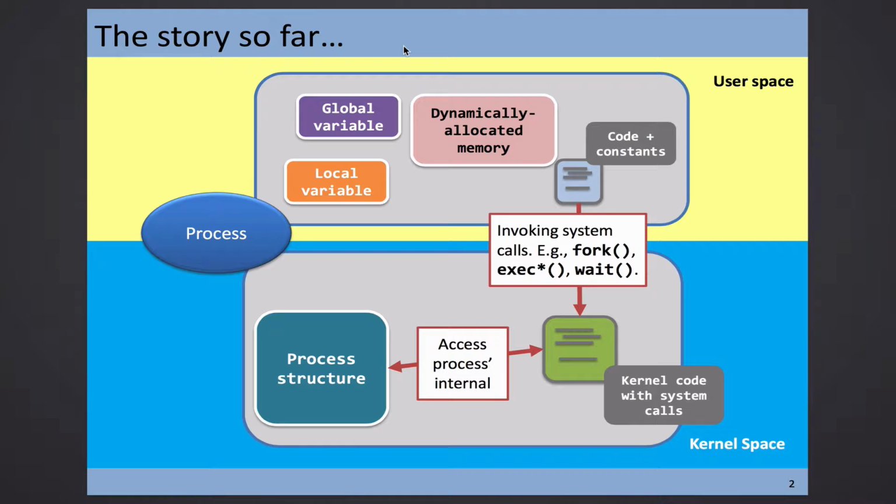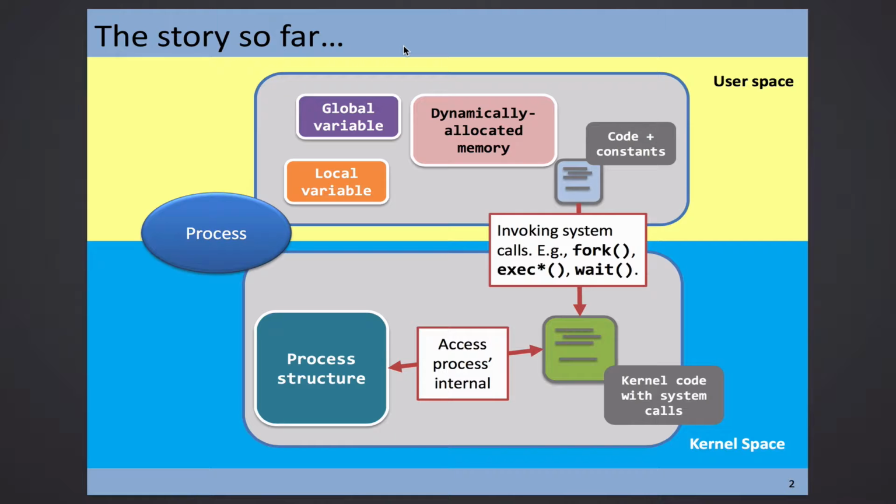What this figure is telling you is one thing: a process actually has two living places. That's why I put it in the middle. One place is something that you already heard of: the code, malloc.